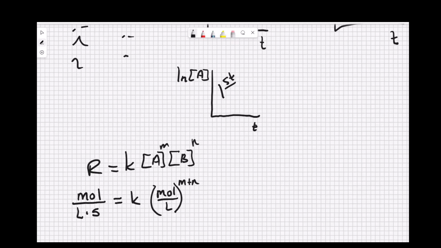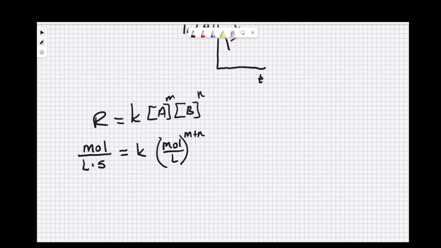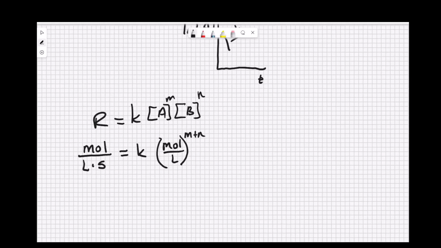So then the question is, what are the units on k? Right? So let's just solve this thing for k. I'm going to write, if you guys will allow me, this m plus n, I'm just going to write it as order. So we'll say up here, let order equal m plus n, okay?